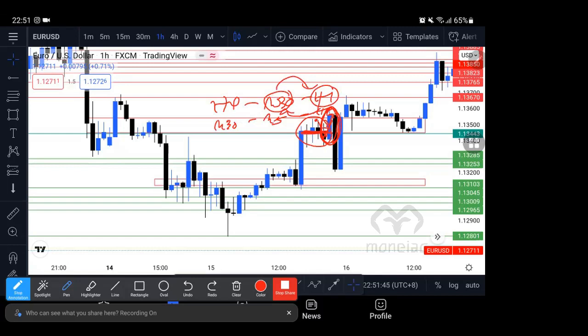It took a higher level, creating an H4 breakout, and then dropped down to the buying area. So this is how the market flow actually completes the cycle from buying to sell to buy to sell to buy to sell, something like that.